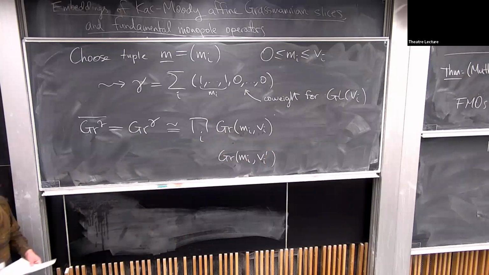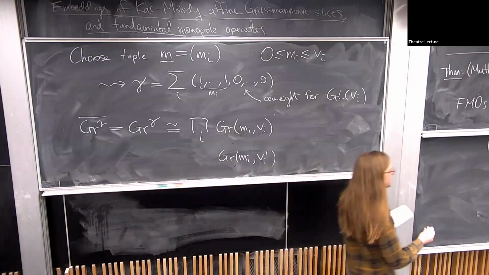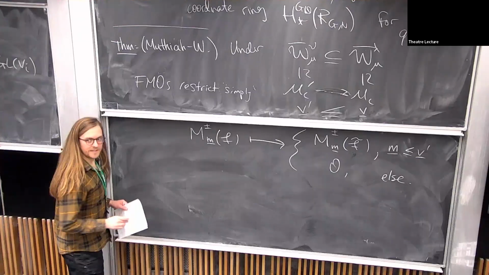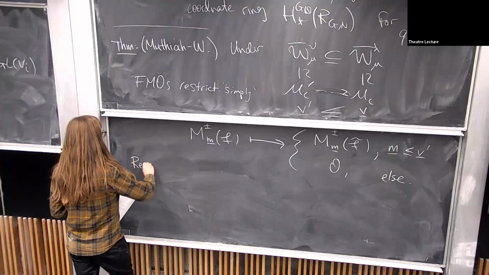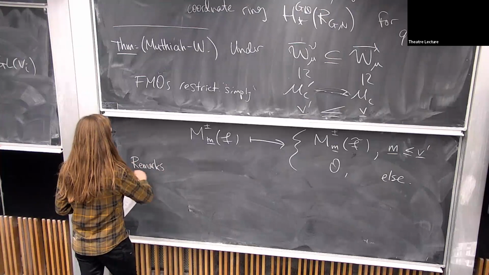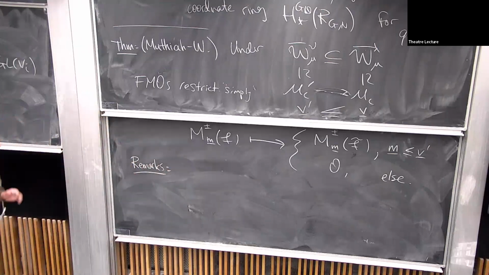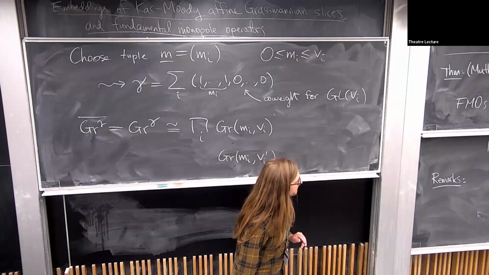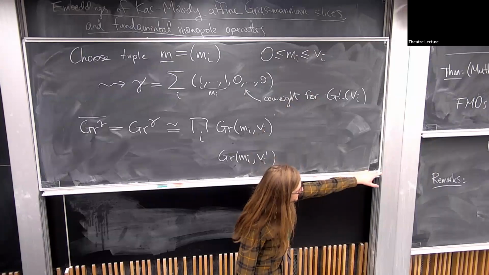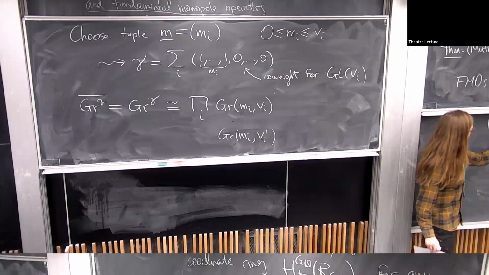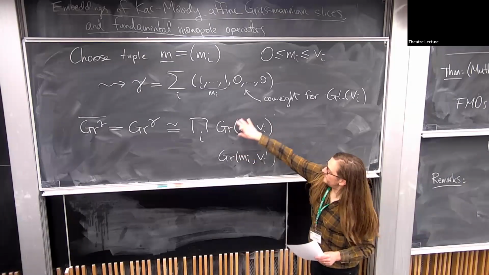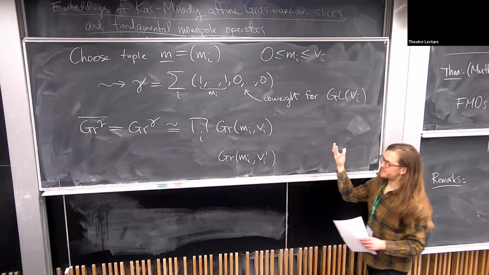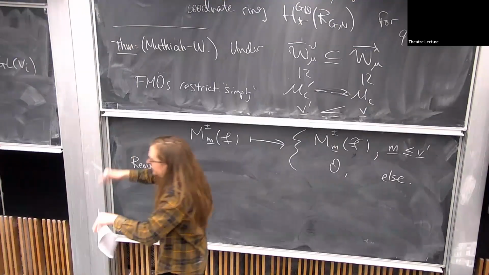Okay. Maybe I can make a couple of comments before moving to this Kac-Moody setting. So just a couple of remarks. I haven't gone into it, but one of the nicest things about these particular elements is that because we're dealing with smooth varieties, we're taking homology on this. You can use the localization theorem to write things very explicitly.